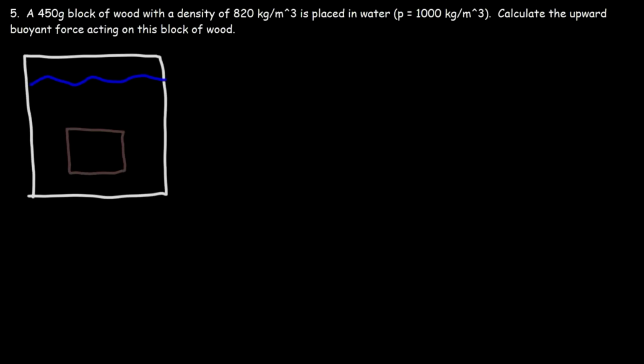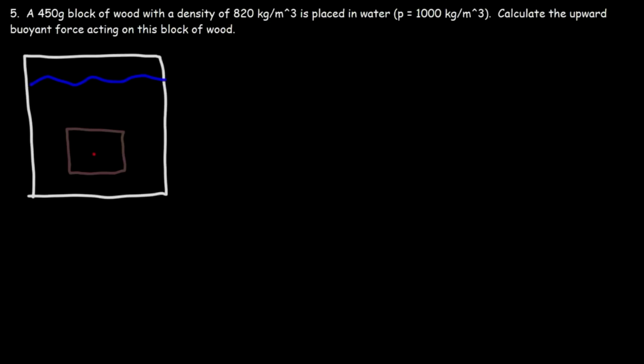Now, here is a question for you. Will the wood sink or float? Is it going to go down to the bottom or up to the surface? To answer that question, we need to compare the densities of the two objects. In this case, wood and the fluid water. Because wood has a lower density than water, it's going to float.